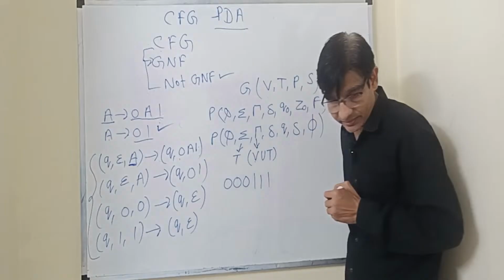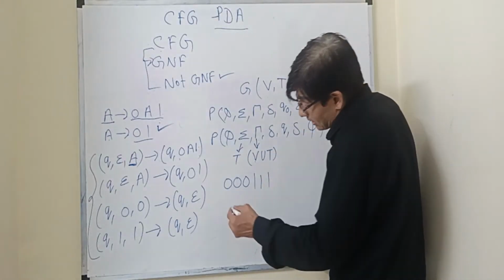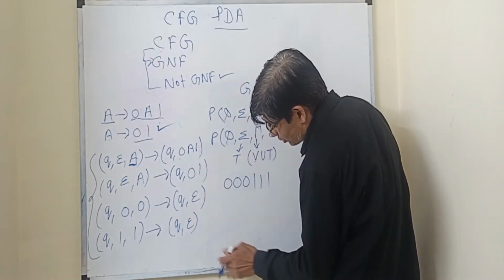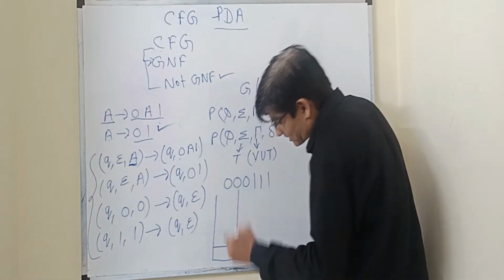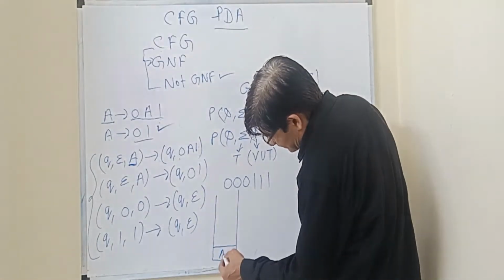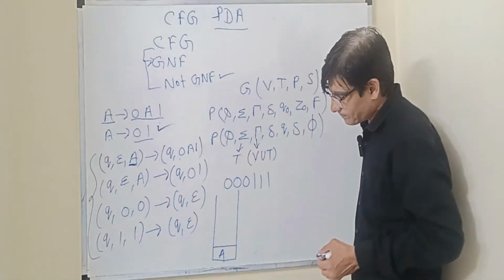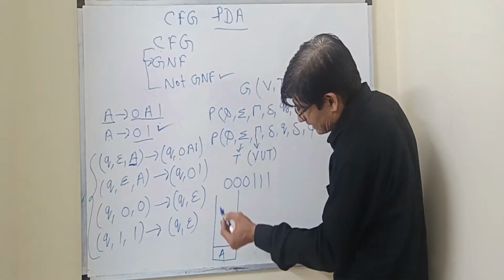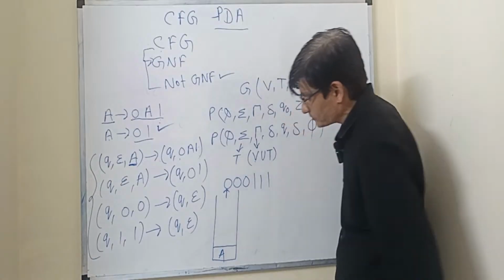This is the string. Now, the initial stack symbol, as I told you, would be the start symbol of the grammar. So I can take A here, as A is the only variable in the grammar. So now you can see we have inserted A into the stack. Now we will start reading this string, right?